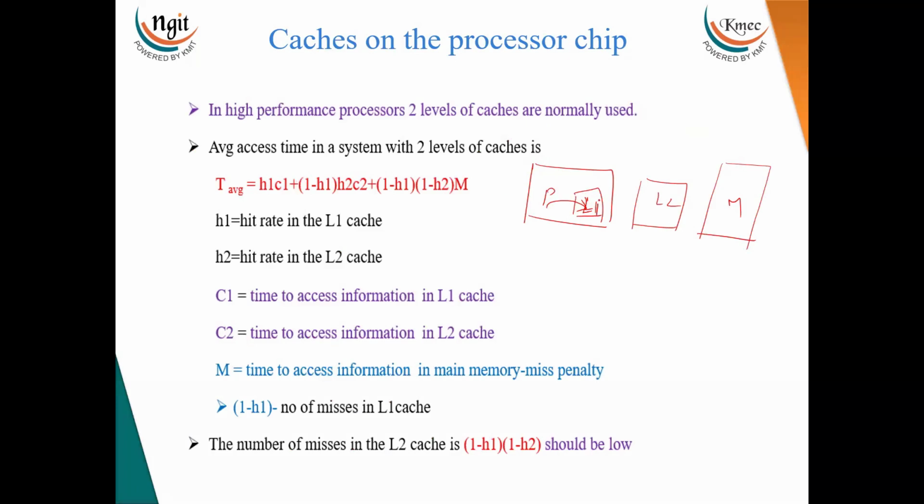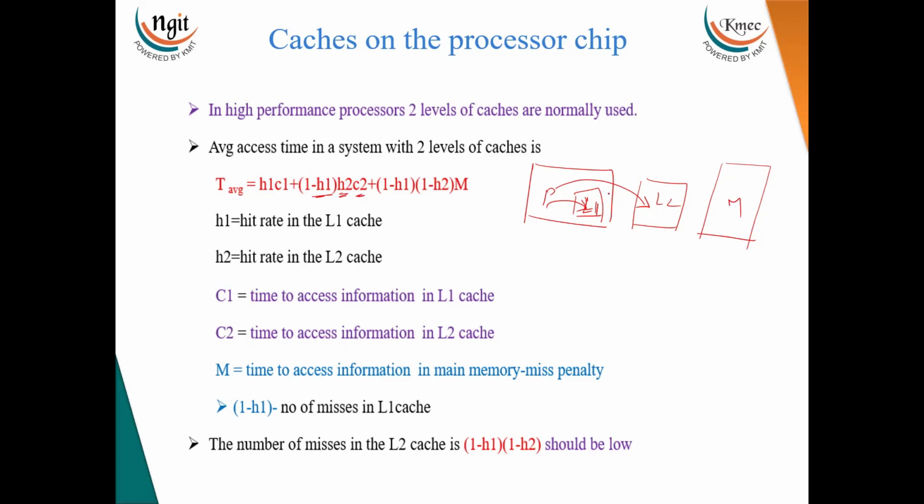Plus, if the data is not available here, the processor will go to L2. Since a miss occurred in L1, we take the miss rate of cache 1 and, if the data is available, the hit rate of cache 2 and the access time of cache 2.